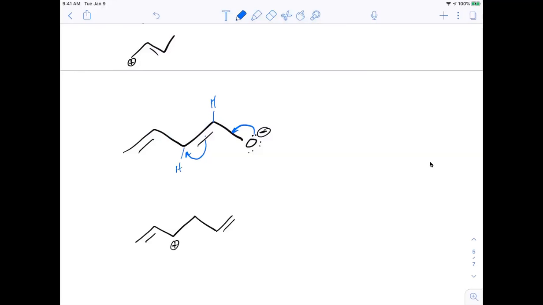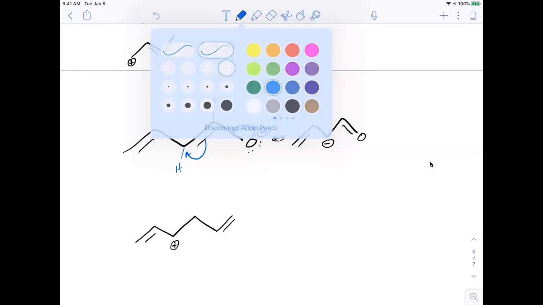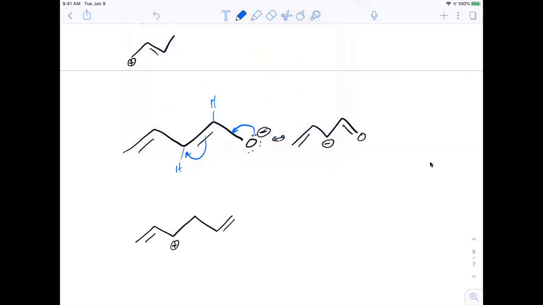Here, there's only one hydrogen. By moving that out, it moves the pi electrons there, but it doesn't break anything. So therefore, I can show that now this oxygen is double bonded. I've got a negative charge here. Again, these are resonance, so they can go back and forth. I can do this again, move these electrons here, these out.